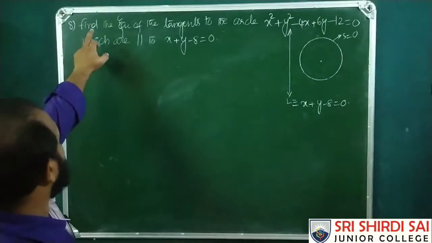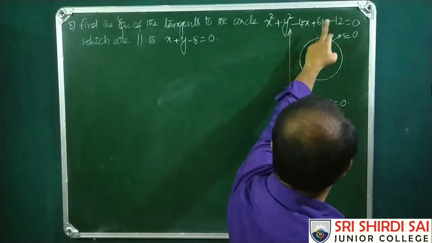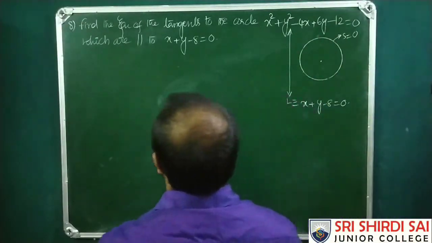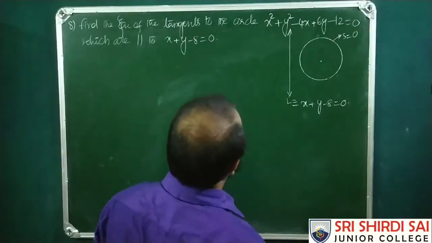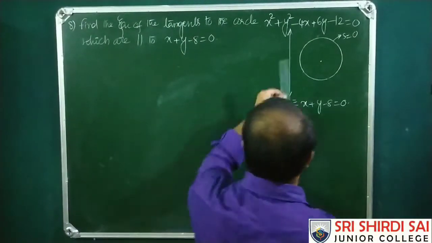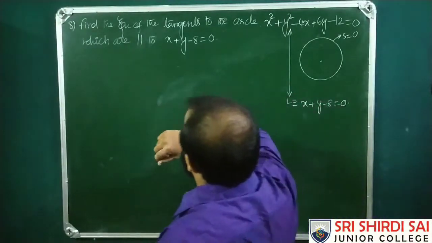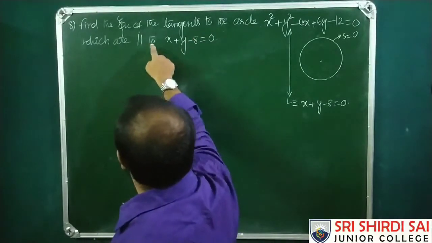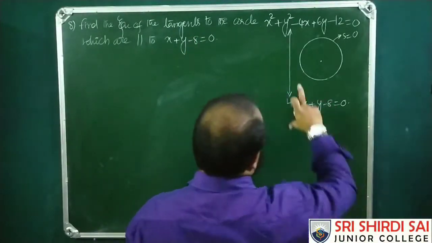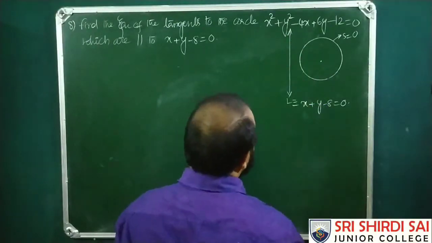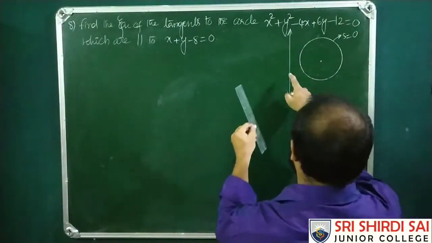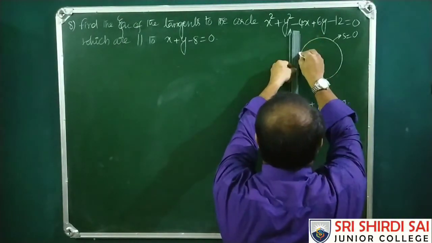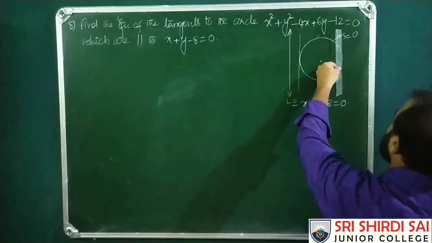The next question is: find the equations of the tangents to the circle x square plus y square minus 4x minus 6y minus 12 equals 0. So this is the circle, and we need to find the equation of the tangents. The speciality is that the required tangents are parallel to x + y - 8 = 0. So one line already exists here, and parallel to this we want tangents to this circle.